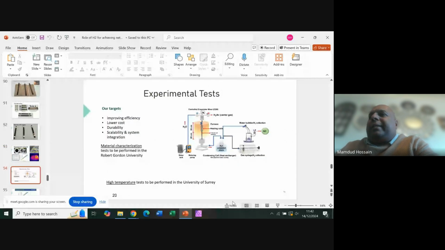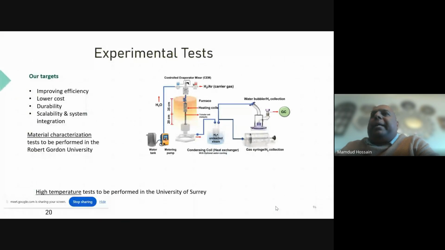And then we did some experiments. For the experiment, we have the water tank, we have a metering pump, then it goes into a control evaporator and mixture here. We evaporate water into vapor. We also bring hydrogen and carrier gas into the system, because if you don't mix hydrogen with steam, that tube will be corroded very easily. Then we put the whole system into a furnace with a heating element.